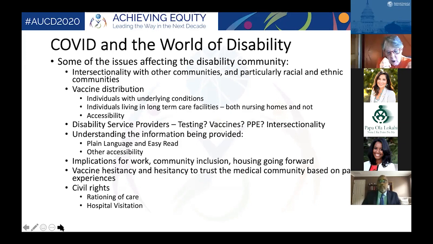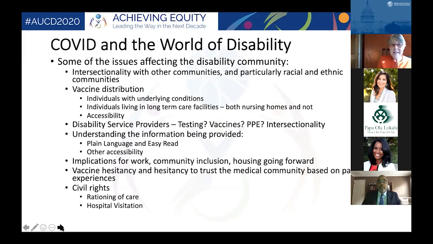Well, a great proportion of disability service providers are from the very targeted communities that we're talking about. They are people who have gone in day in and day out and interacted with folks with disabilities and continue to do so, but have not had sufficient PPE, have not been included sufficiently in the testing, have not been included in some of the vaccine priorities. All of these are issues that we're raising.